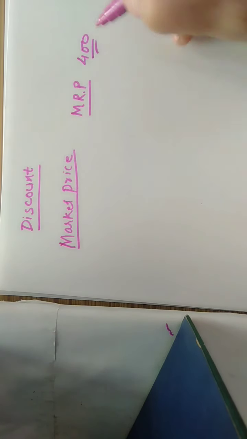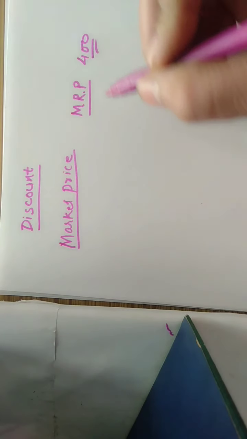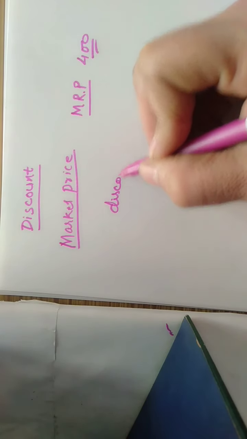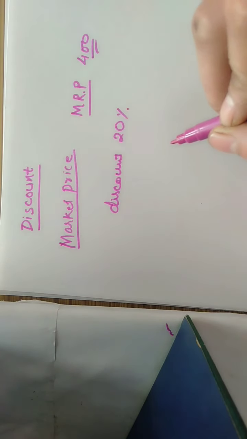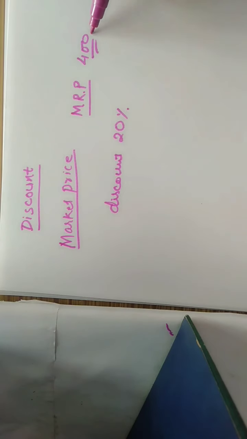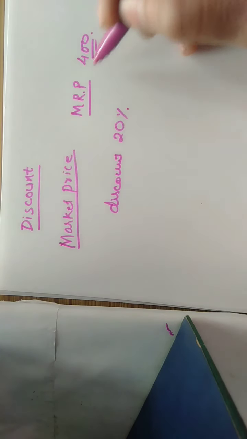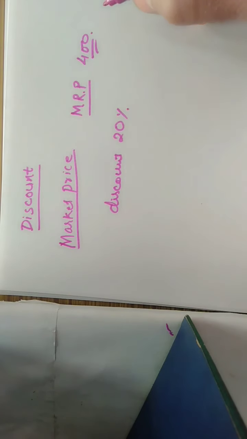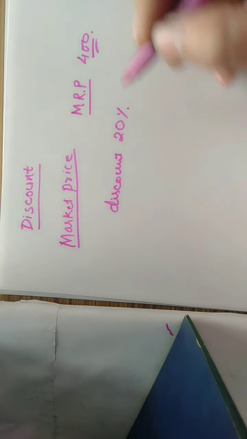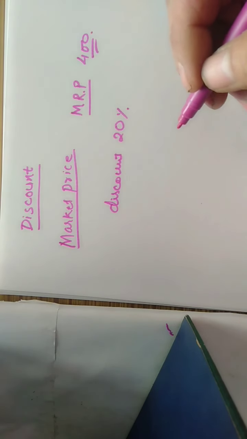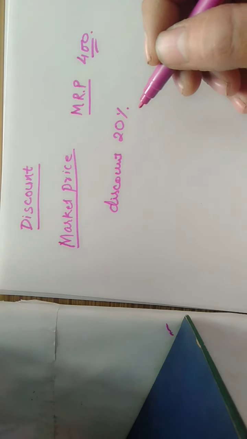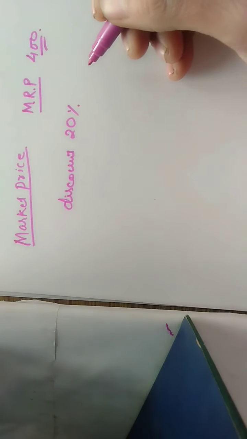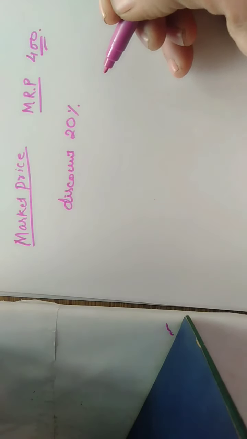So when you see that MRP is given, suppose MRP is 400, and then they are giving us a discount, suppose 20% discount. The discount is calculated on this market price. Whatever price is written on that object, on that article, that is said to be the market price. On that market price the discount is given. And that discount is calculated and subtracted from that price.